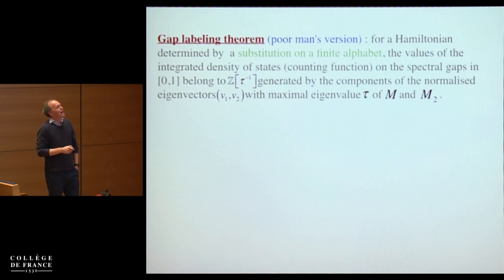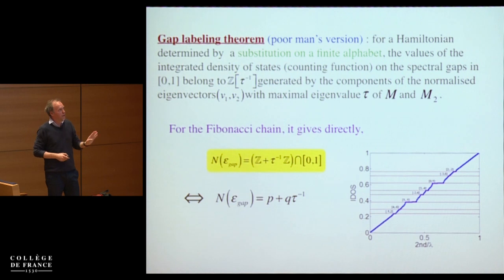It's a module, generated by, and this is what is important, the components of the normalized eigenvectors V1 and V2 that I just wrote, which correspond to the maximal eigenvalue tau of M and M2. This is what you need, not more, no less. Okay? Only this. When you apply it on the Fibonacci chain, you get this expression, which is this.